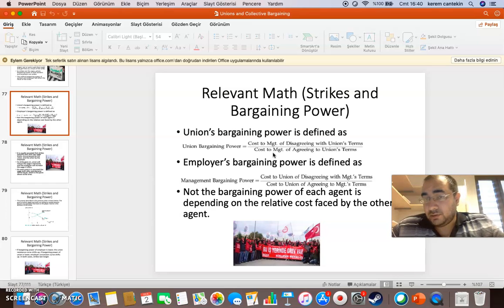It just looks at its power to inflict damage on the management, and if that damage is relatively high and accepting the terms is not that costly for the management at the same time, the union will continue to strike for a longer time.